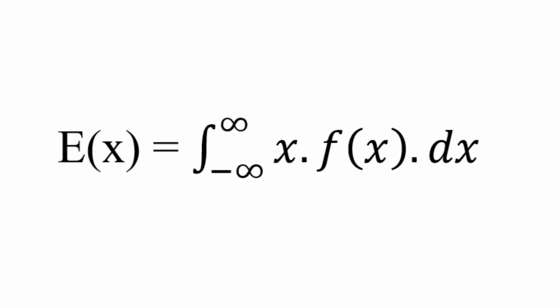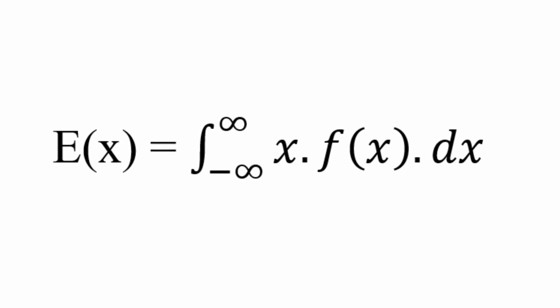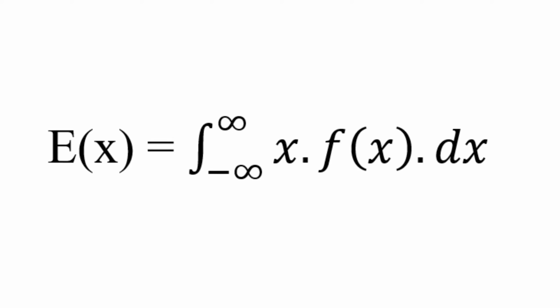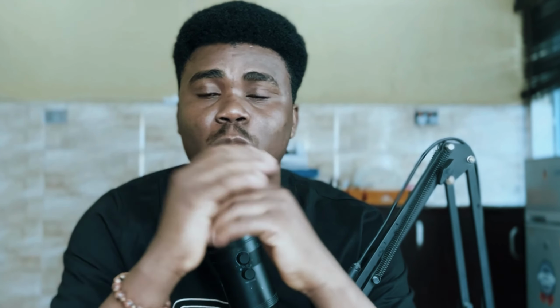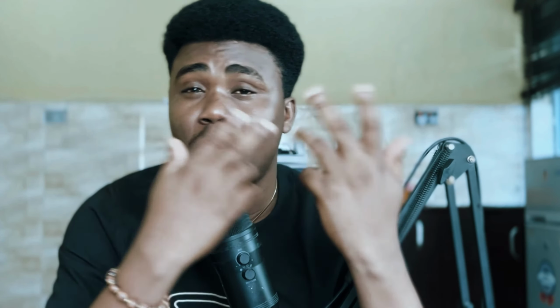The formula is going to be E of x, which represents the expected value, is equals to the integral from minus infinity to plus infinity of x times f of x dx, and this is the formula that represents the expected value of a continuous probability distribution. Obviously, if we have the boundaries to be b and a, you just replace plus infinity and minus infinity with b as the upper limit and a as the lower limit.